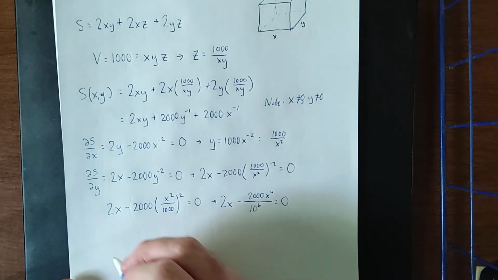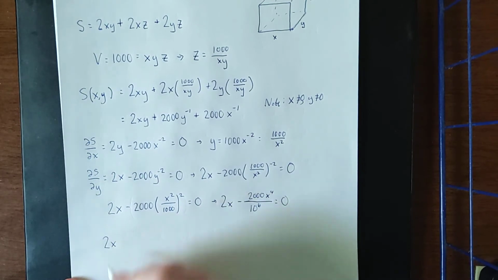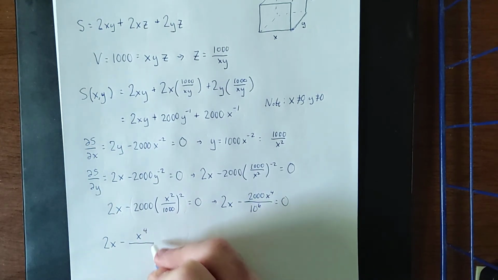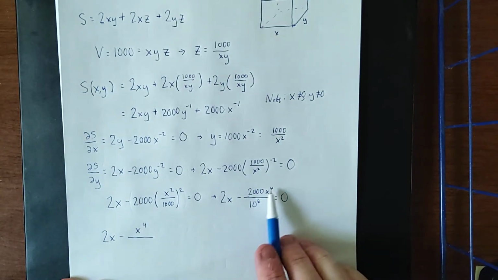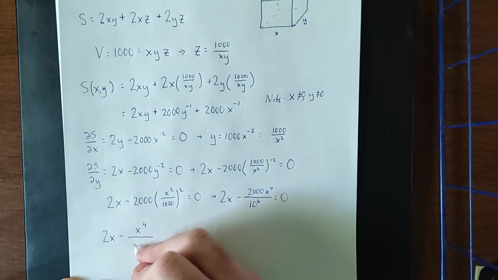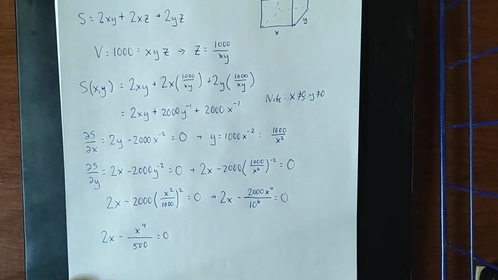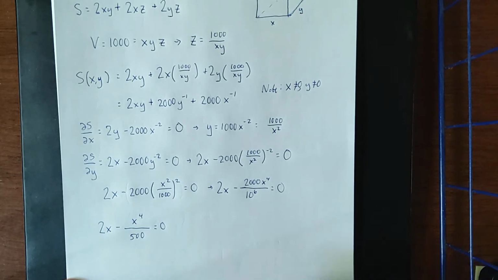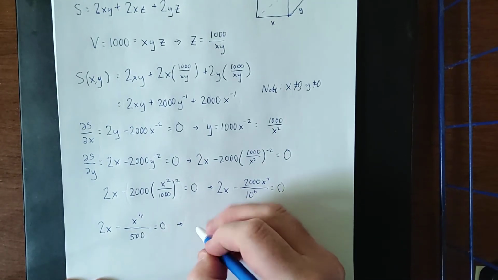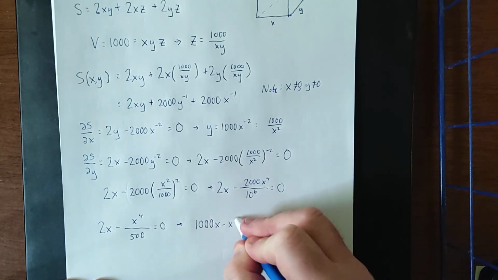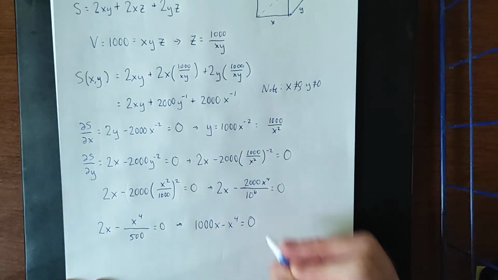And simplifying this fraction will be 2x minus, we'll call this x to the 4th power divided by, take 2,000 divided by 1,000,000, that reduces down to 1/500th. That'll be equal to 0. Let's go ahead and clear out the fractions by multiplying both sides by 500. We'll get 1,000x minus x to the 4th is equal to 0.